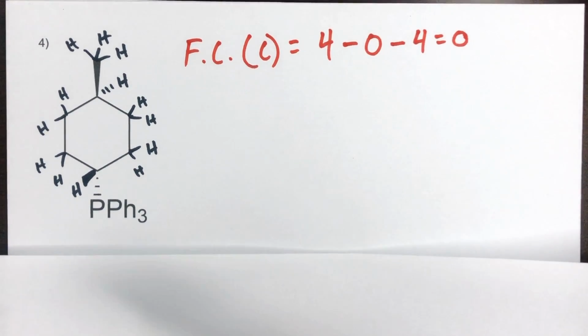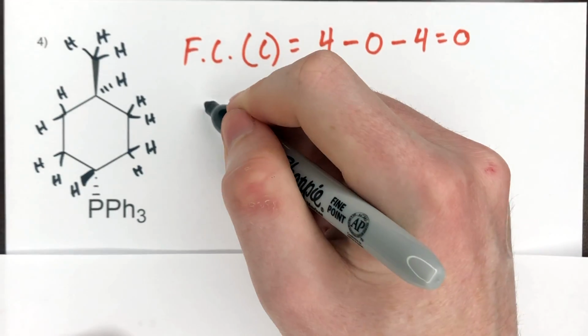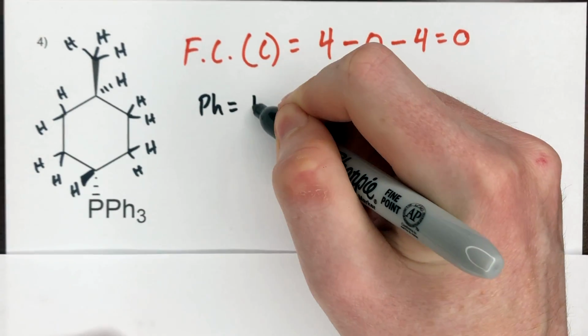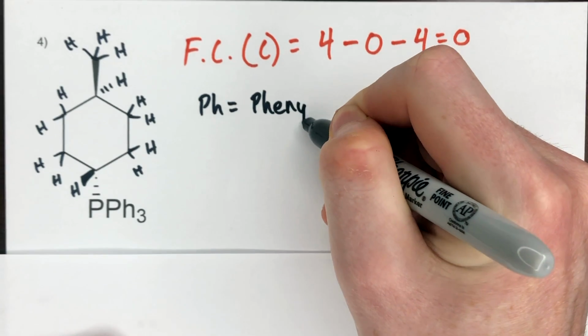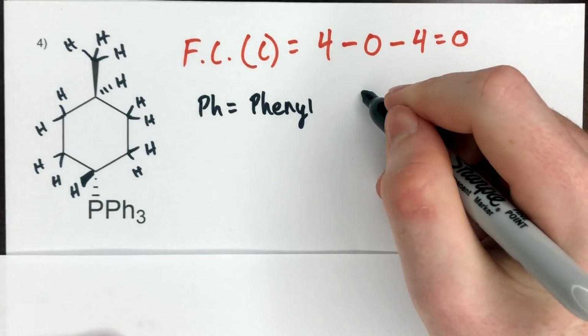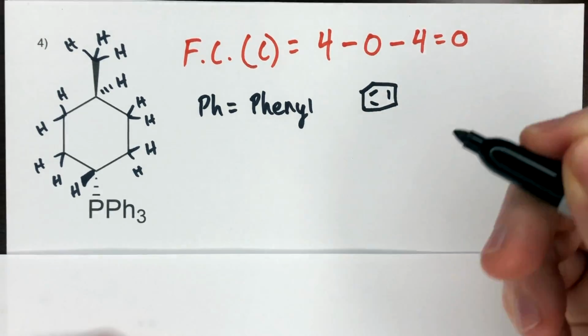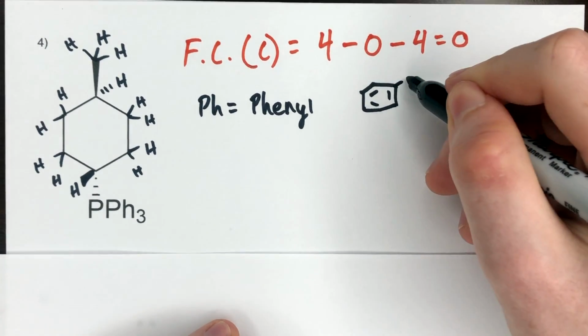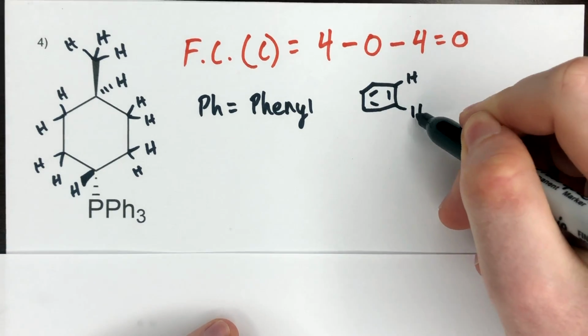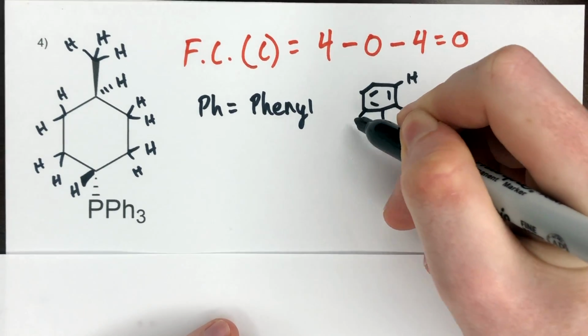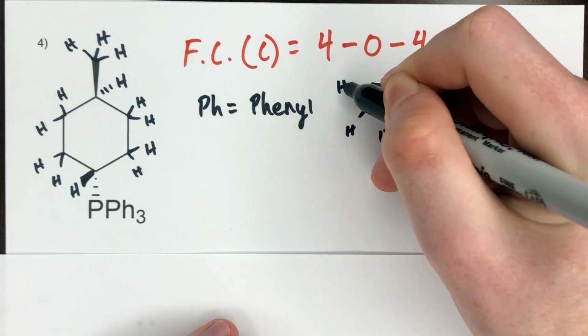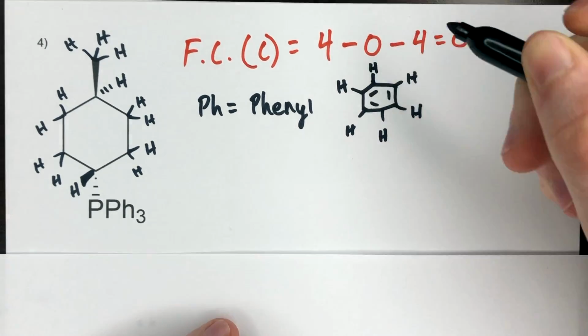Now, Ph, by the way, is phenyl. That's the abbreviation for phenyl, and phenyl is benzene. So benzene looks like this. Now again, if you look at all of those carbons, they have 4 bonds. 2 of them on each carbon are in the form of a double bond.